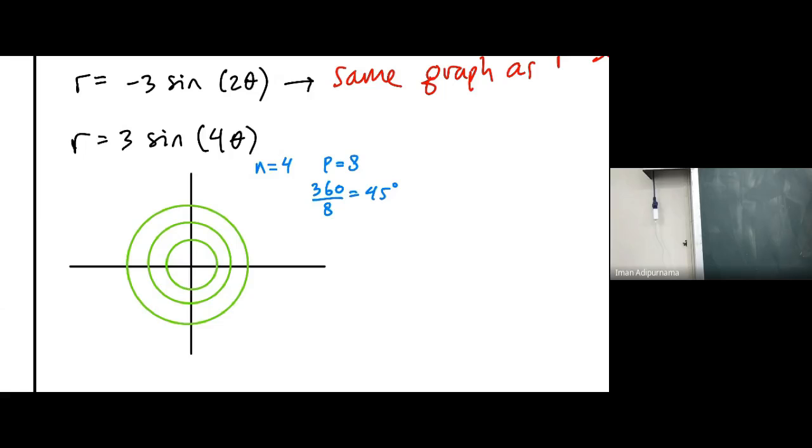So let's divide by 2, becomes 22.5. Okay. So let me draw the 45 here. This is 45. Let me divide by 2. So it will be here. Let's say this is 22. Okay. And this is our first petal here. Okay. Based on our pattern from the beginning. Okay. So this is the first pattern.